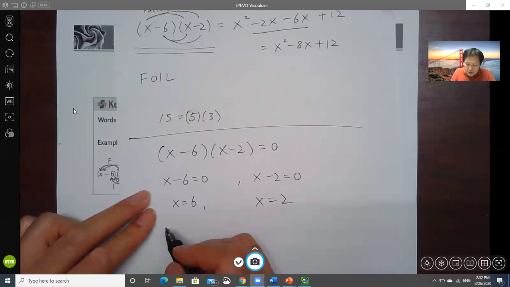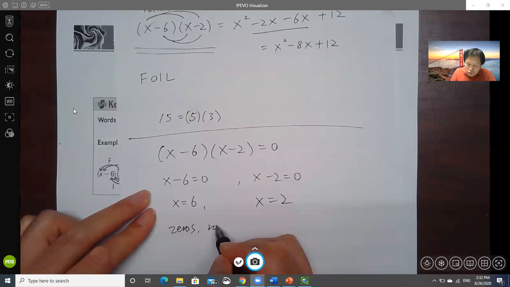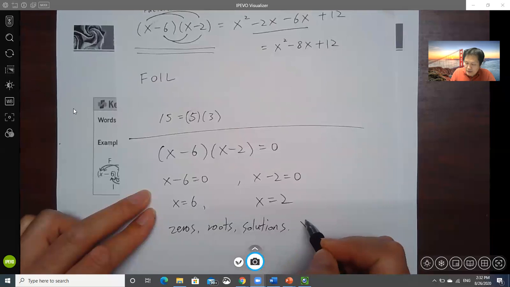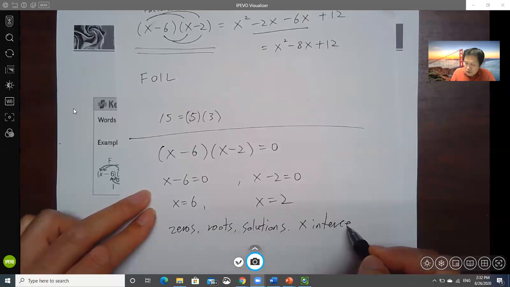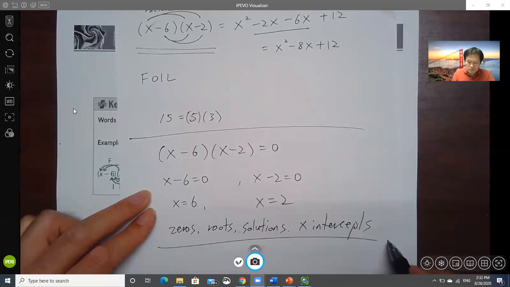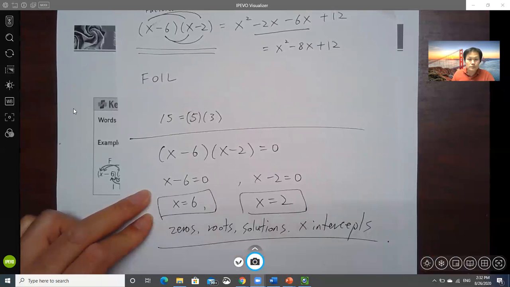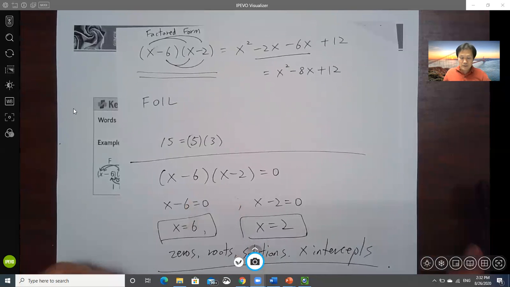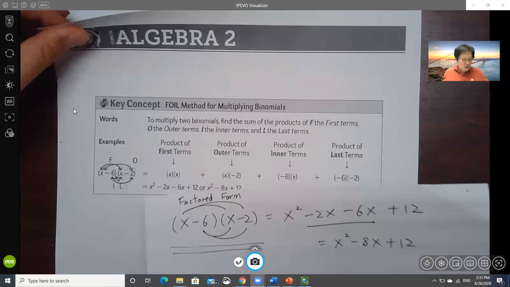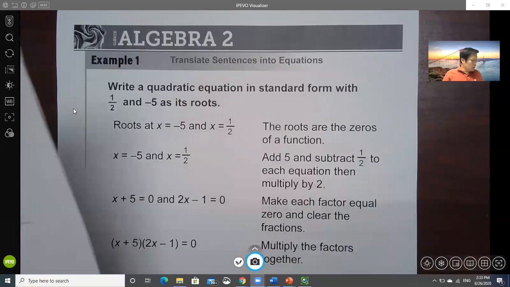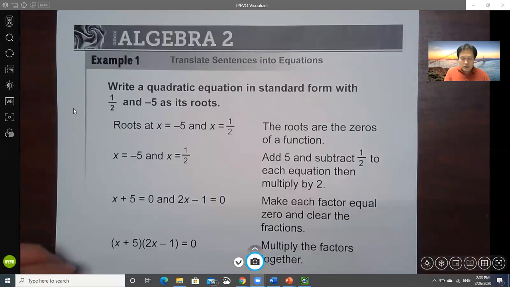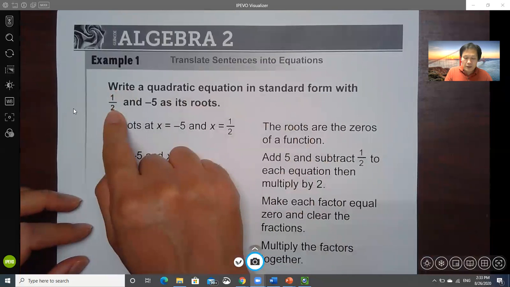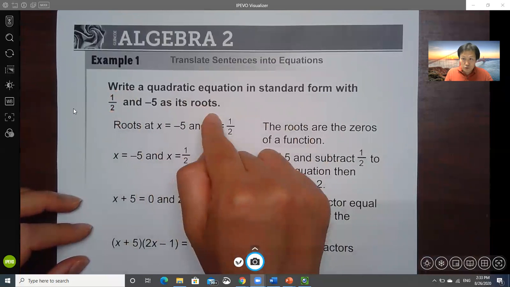So you get zeros or roots, solutions, x-intercepts, all the same word, equal to 6 and 2. Given that, you can have factors like this. Okay. You will encounter a question like this. Write a quadratic equation in standard form with 1/2 and minus 5 as its roots.